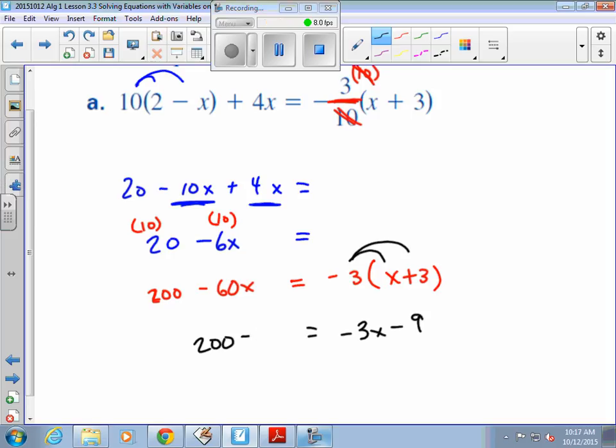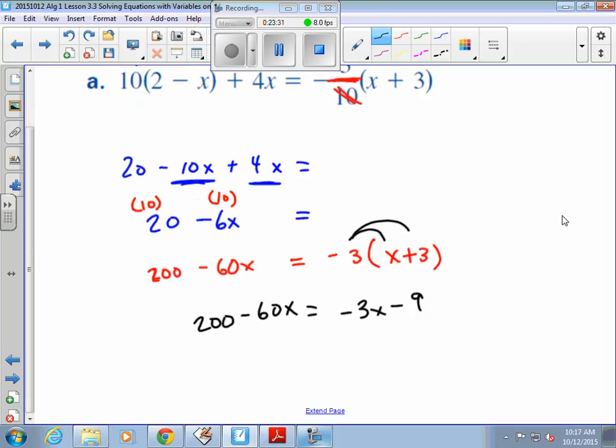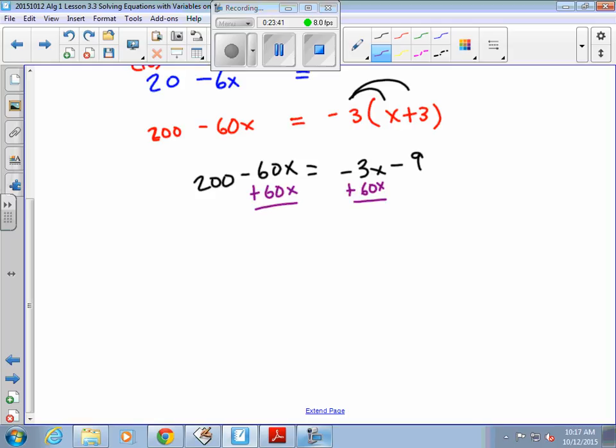Again, the problem is more complex, but now it should be easy from a step standpoint. Negative 60 is smaller than negative 3, so undo negative 60x by adding 60x to the left. If you add it to the left, add it to the right. Negative 3 plus 60 is positive 57x.